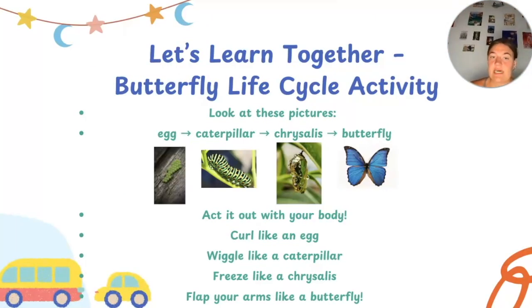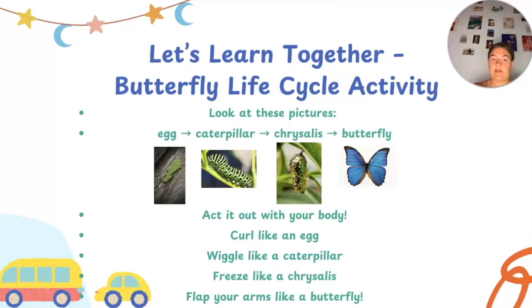Next, we're going to have a little butterfly life cycle activity. The 4 stages are egg, caterpillar, the cocoon, and butterfly. I'll show you pictures of each stage and ask you to act them out. Ready? First, we're going to curl up small like an egg.